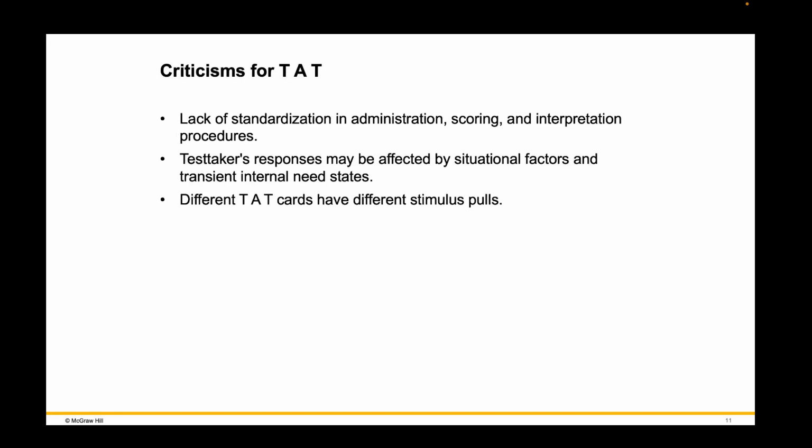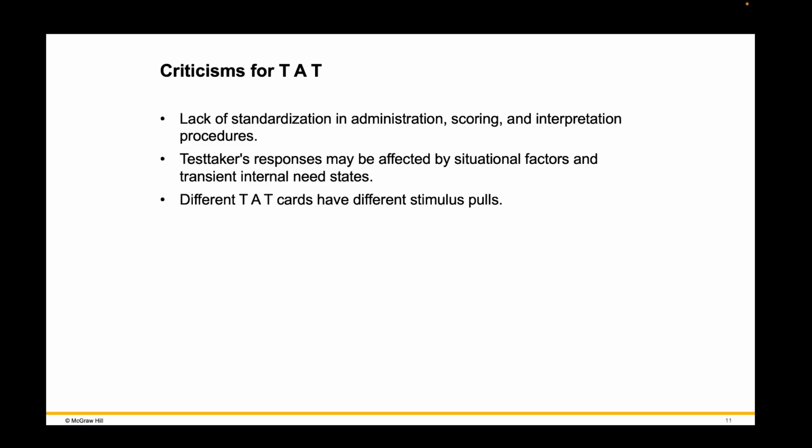So, the problem with TAT was that, ayun, one of those things is that it really lacks standardization and administration. Very vague siya. Actually, wala siyang specific manual. Unlike with Rorschach na, yun nga, kahit hindi natin masasabi na direct to the point yung administration niya, but we know how to administer it by asking the question, what do you see in this card?